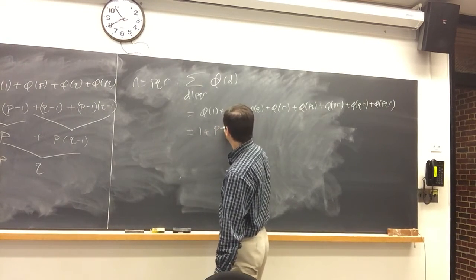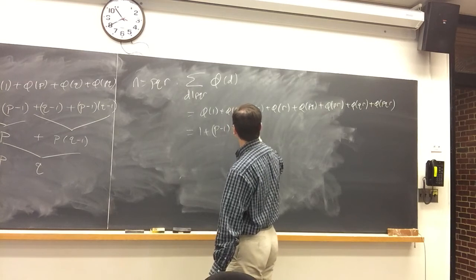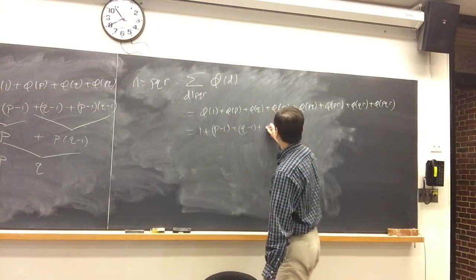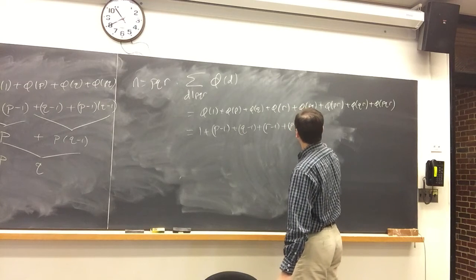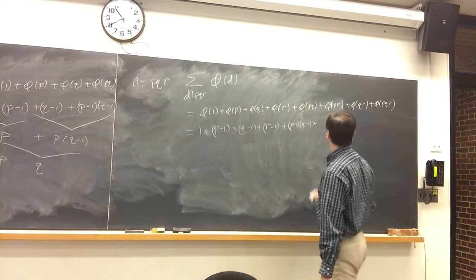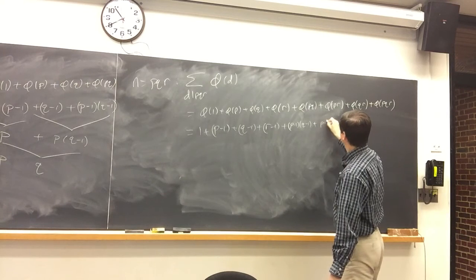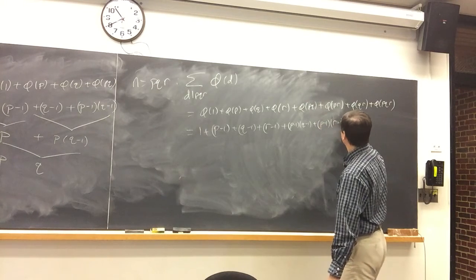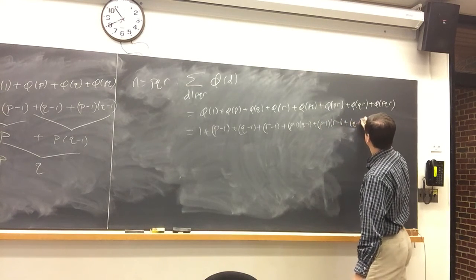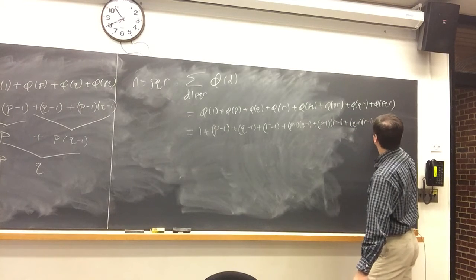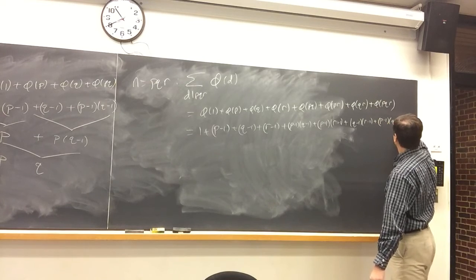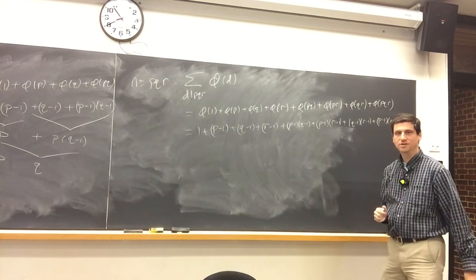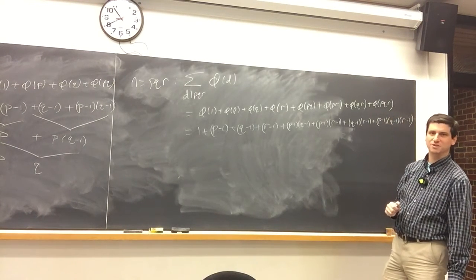1 plus P minus 1 plus Q minus 1 plus R minus 1 plus P minus 1 times Q minus 1 plus P minus 1 times R minus 1 plus Q minus 1 times R minus 1 plus P minus 1 times Q minus 1 times R minus 1.